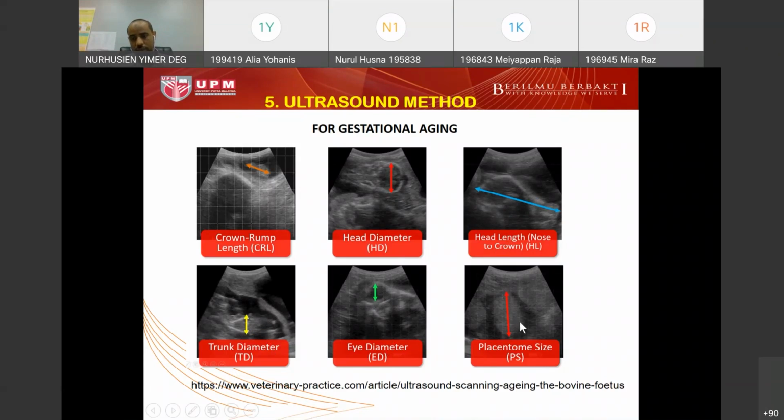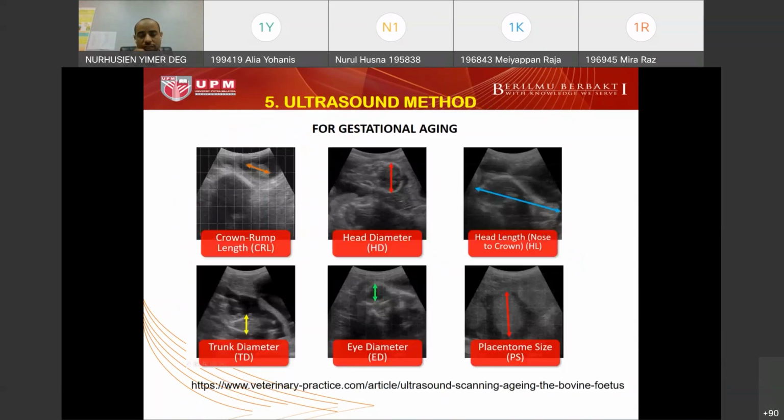And on top of that, the placentomes also can be measured for their size and can be related to the stage of the pregnancy. So the more parameters you include, the better the estimate will be of the stage of pregnancy. But if you depend only on a single factor, probably you will have a less accurate estimation of pregnancy.